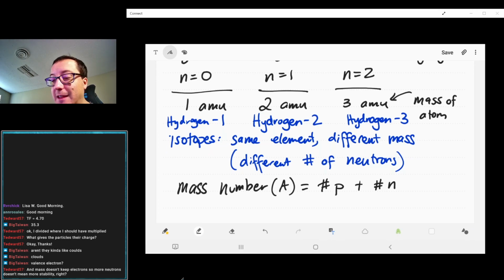Though we're going to see that every atom will have its own kind of preferences for how many neutrons it wants. For example, here, let's go to our dear friend Wikipedia. Let me pull open Chrome here. Okay. Let me pop this window open.